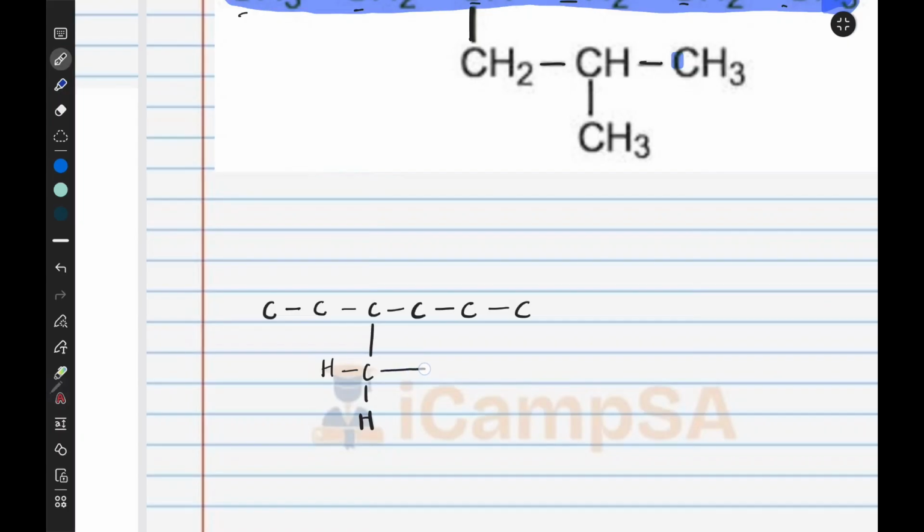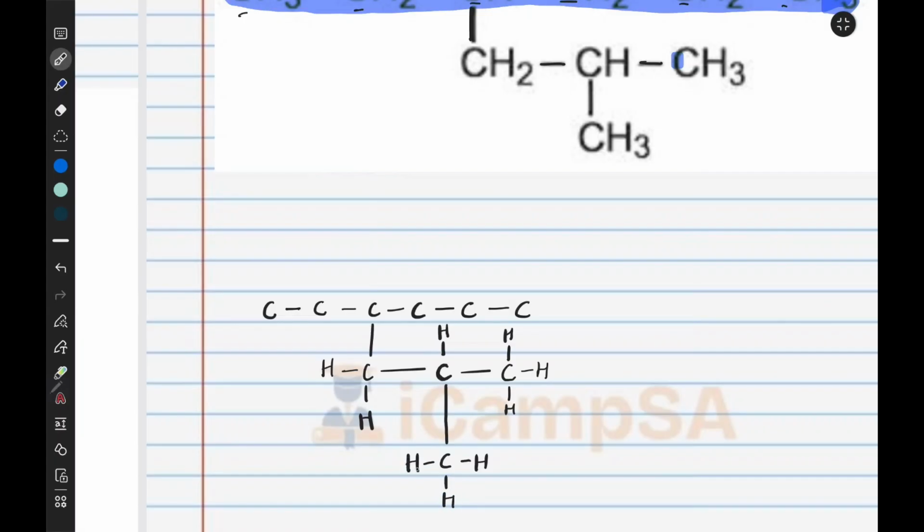It's also attached to another C, and then that C has an H there, but this C is also attached to a CH3 here, and then it's also attached to another CH3 there.